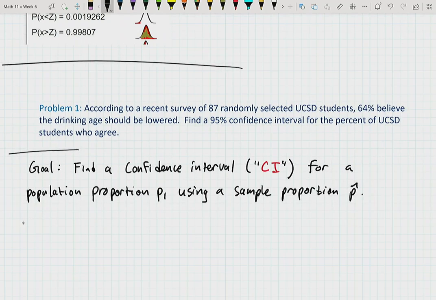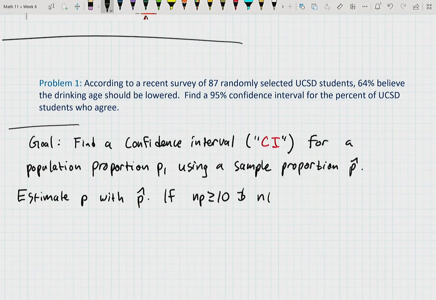So we're going to estimate p with p hat, if np is greater than or equal to 10, and n times 1 minus p is greater than or equal to 10. Those are the conditions under which the approximately normal condition applies.